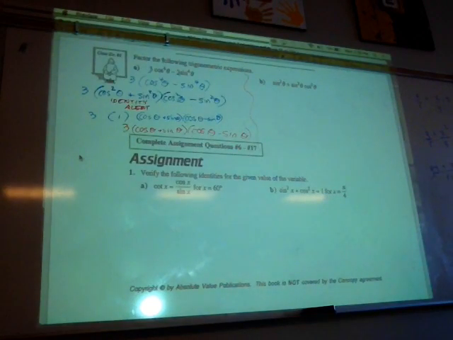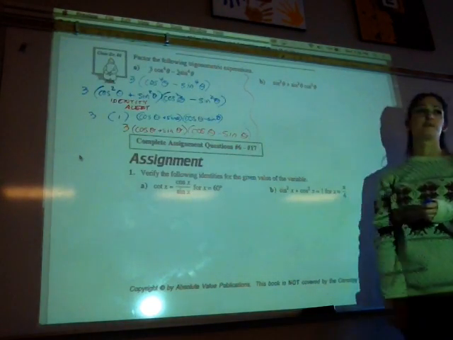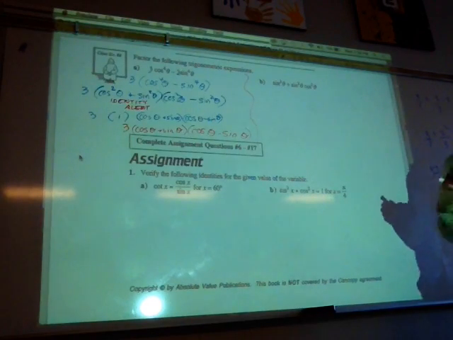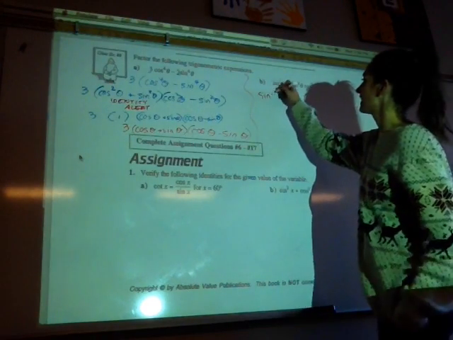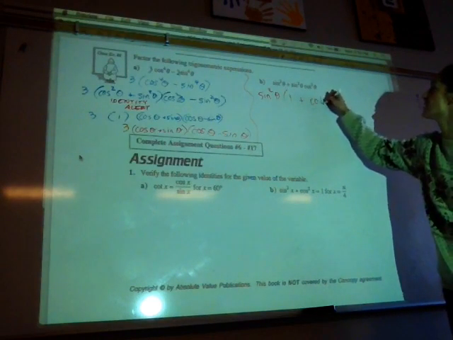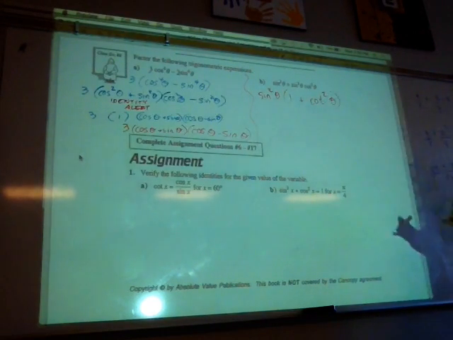Alright, next one. What's common between the first and the second term? Sine. You can go a little higher. Sine theta squared can be factored out, and we're left with 1 plus cotangent theta squared. Identity alert.